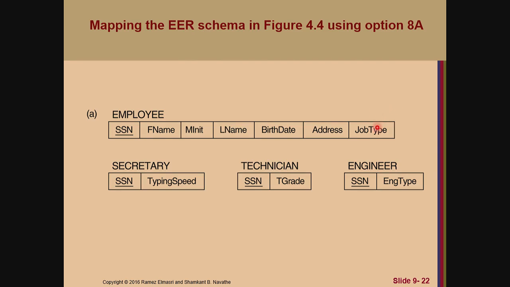If the job type is secretary, you just join the tables employee and secretary. If the job type is technician, you just join employee and technician to get the information. So you can reduce the computational cost, but you have to do something more, like create a program to check the job type.